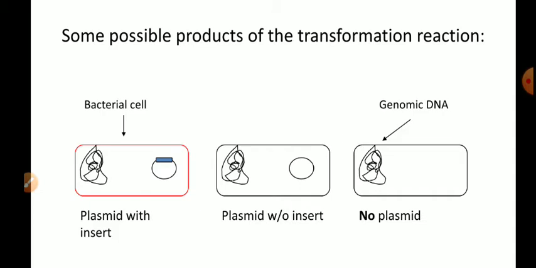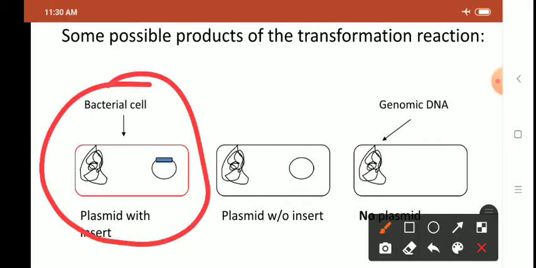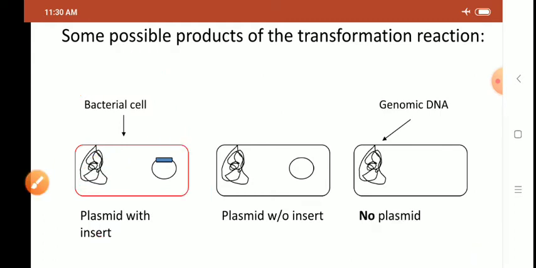We have taken E. coli cell culture, mixed it with recombinant DNA, and allowed the transformation to take place, but the products formed after transformation may be of three different types. Number one, the bacterial cell has undergone transformation. You can see here, this is a bacterial cell. This is the chromosomal DNA of the bacterial cell. The cell has undergone transformation. It contains the plasmid with insert.